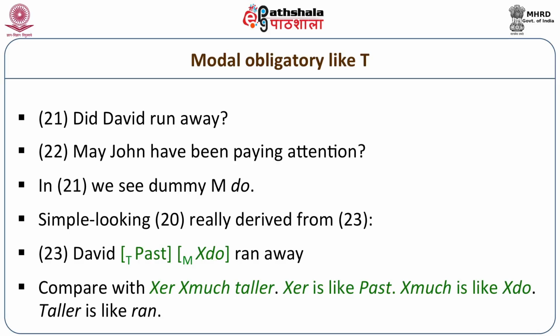The question is how to reconcile the data of such sentences with a very simple clause like David ran away, where there appears to be no modal auxiliary. You might want to say, at first sight, that in David ran away there is no modal at all.